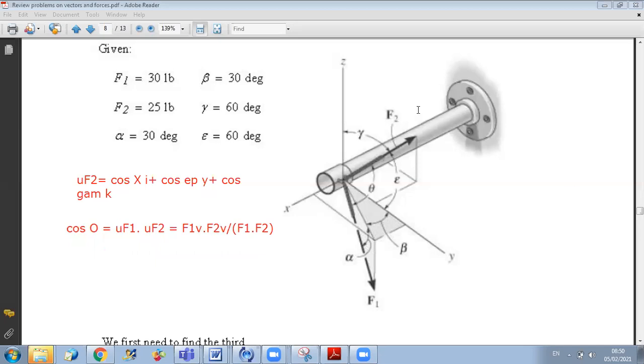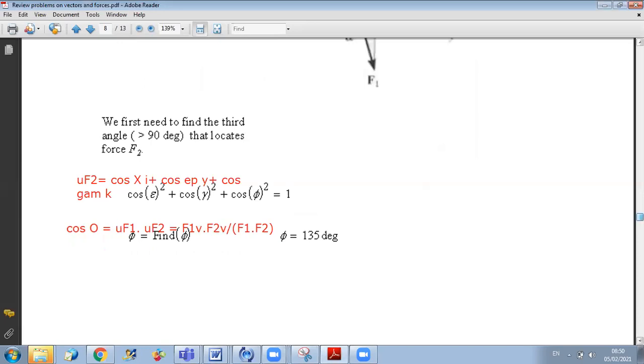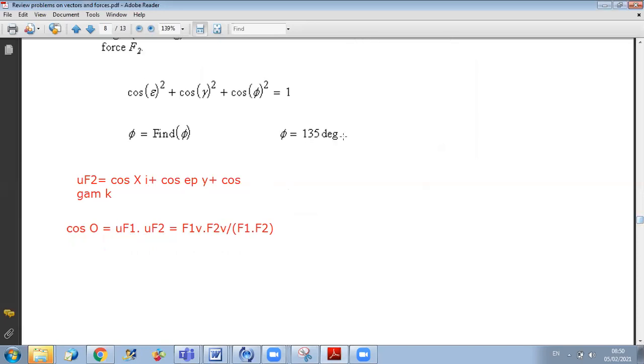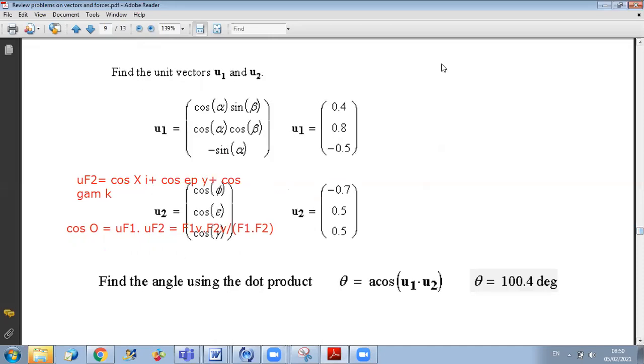So if we look at the solution together, first step, we find phi and we select the value. Since Fx is negative, we select the value of phi higher than 90 degrees. So we take cosine phi to be negative. And then once we find the angle, here in the solution, sometimes they put the presentation in this way. When they put the results in a column, this means that the first line of the column represents the x component.